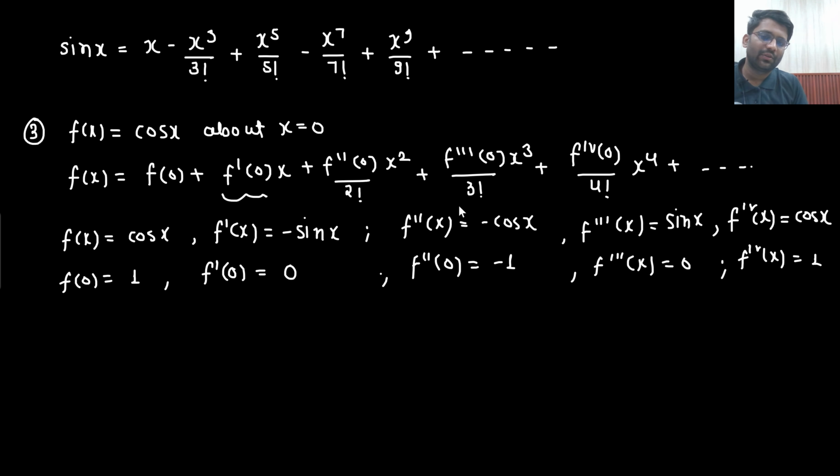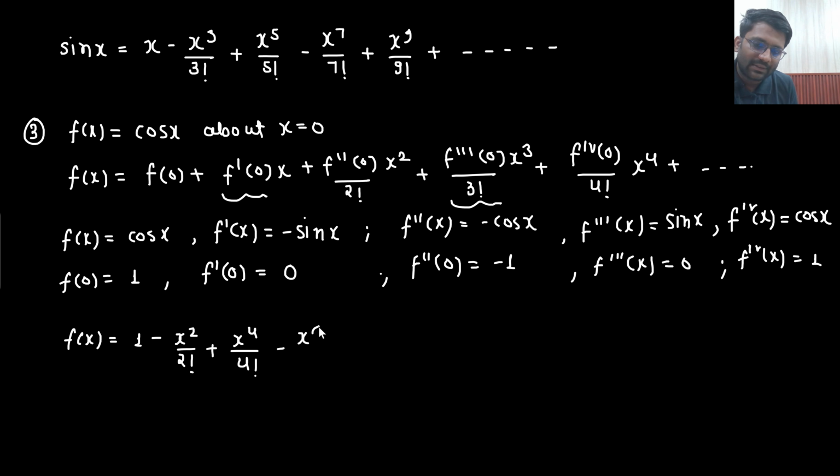This value is coming out to be 0, this value is coming out to be 0. So all the odd differentiations are coming out to be 0. So what will be your f x? Sir, f x will be nothing but f of 0, that is 1. Then here you are getting minus 1, no? So 1 minus x square by 2 factorial, then you are getting plus x to the power 4 divided by 4 factorial.